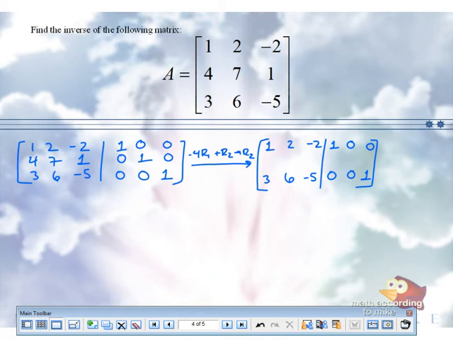I'm sorry, Steve Jobs. What is -4 times the first row? -4. I'm writing them like that because I'd run out of room if I try to go across.